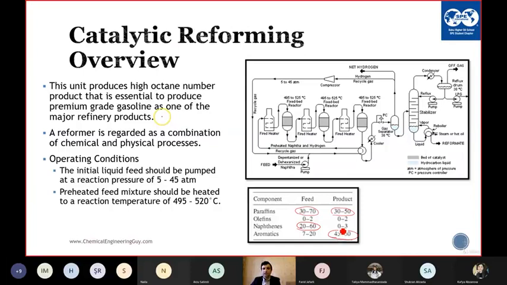We can say that the reforming is used to produce the aromatics, or to convert the naphthenes to aromatics, in the heavy naphtha product. The operating conditions can be between 1 to 45 atm pressure and around 520 degrees Celsius.